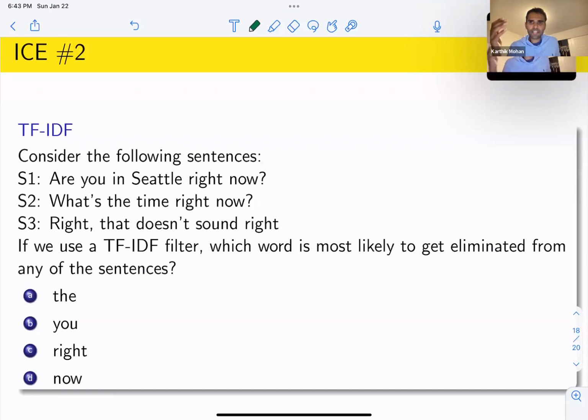And maybe if you have other candidates, then also calculate their Tf-Idf, and you'll notice one of them stands out as having a low Tf-Idf, and that's the one you will probably filter out. Okay, just take a minute to look at this. All right, so hopefully you had a chance to look at it.